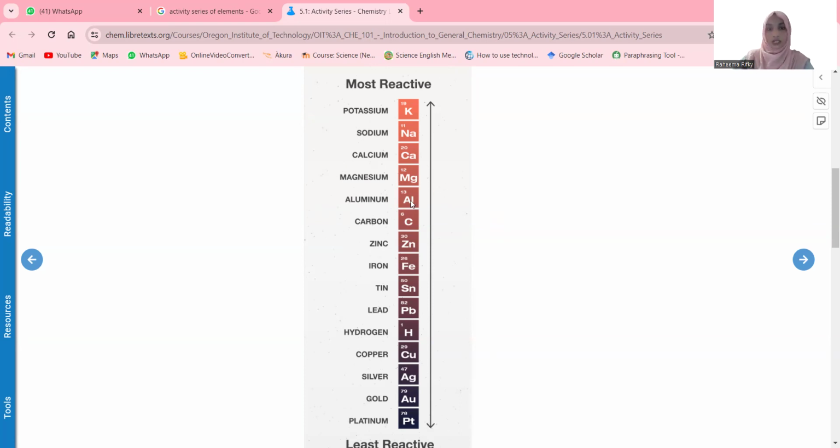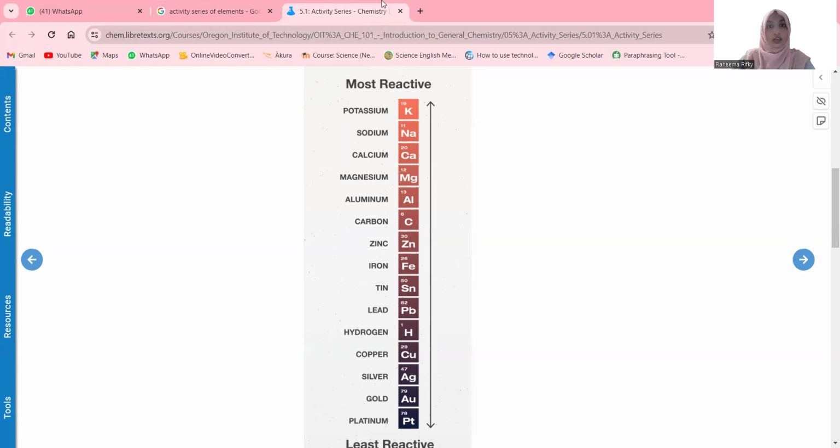Here you can see zinc in this place, and there is a set of metals above the zinc. These are the metals which are more reactive than zinc: potassium, sodium, calcium, magnesium, aluminium, and here it includes carbon. So we have to check which metal is present in that question.